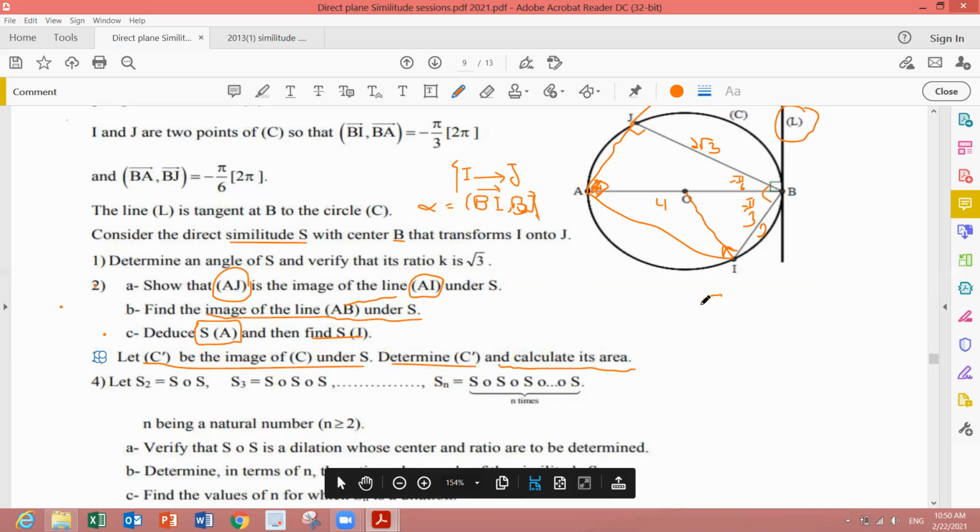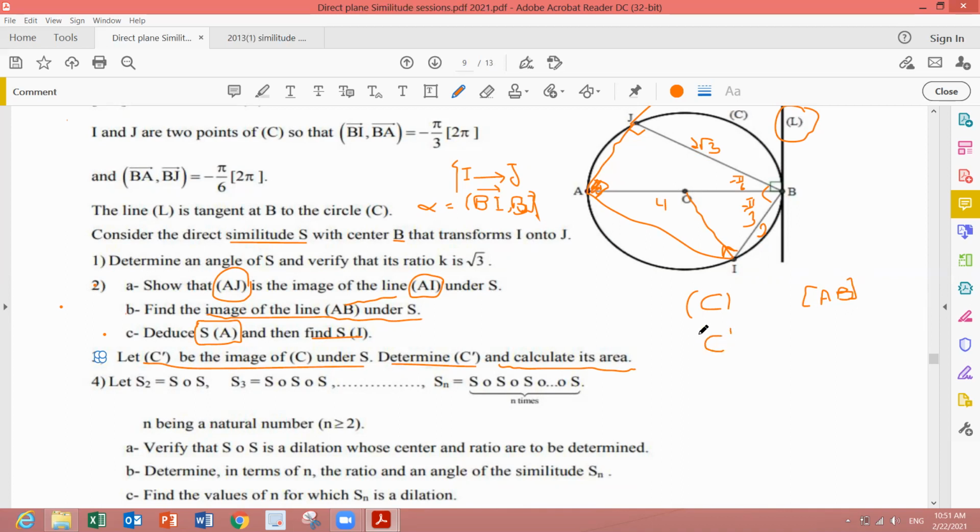We had circle C of diameter AB and center O, the midpoint of AB. C prime is a circle. What's the diameter? 4 radical 3. The image of B is B. What is the image of A?